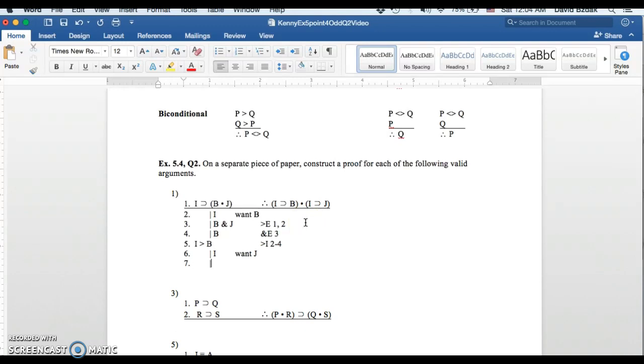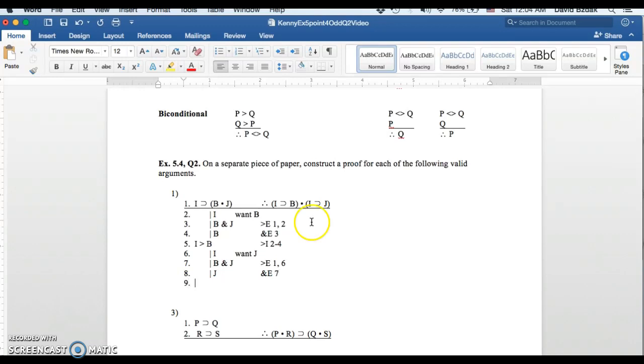And we proceed the same way. Get B and J by conditional elimination of 1 and 6. Then we get J by conjunction elimination of 7.